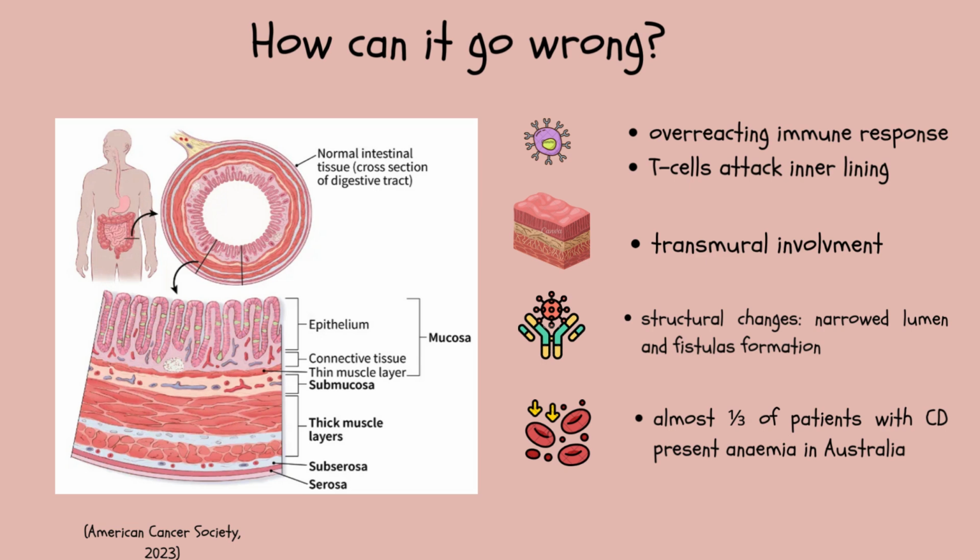The muscularis externa is the thickest layer, consisting of smooth muscle that plays a crucial role in peristalsis. Finally, the serosa is a connective tissue layer that covers and anchors the intestine.